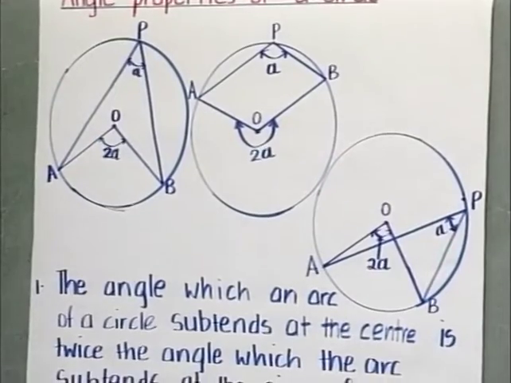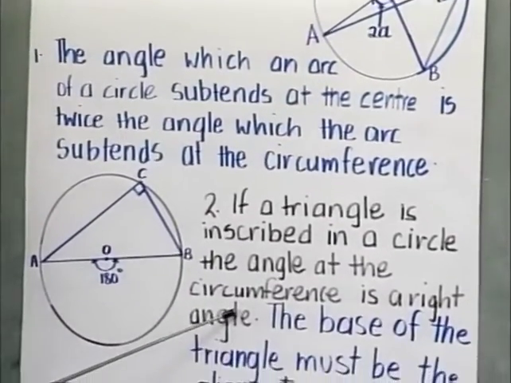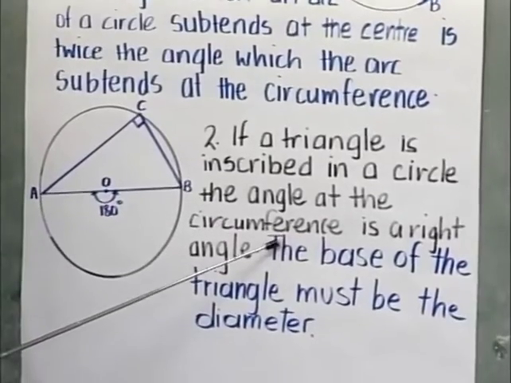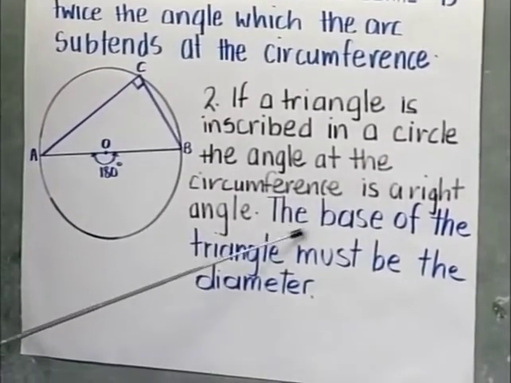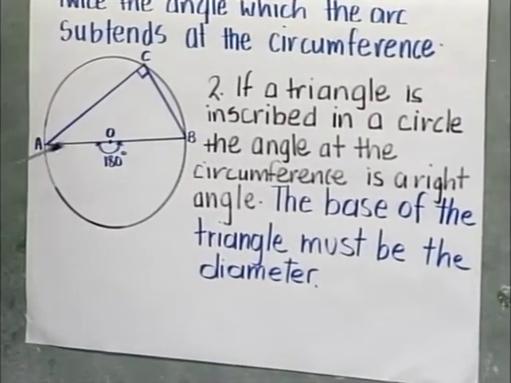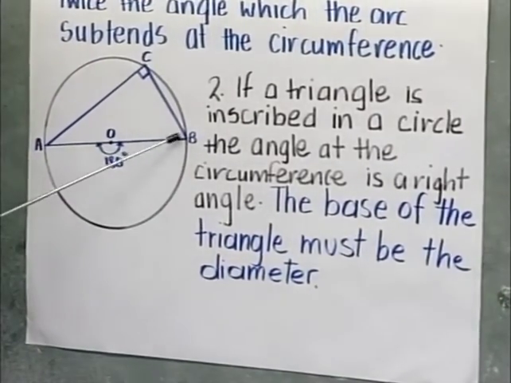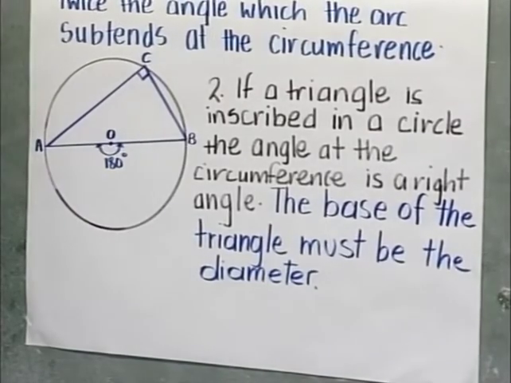The second one, if a triangle is inscribed in a circle, the angle at the circumference is a right angle. Now, that means the base of the triangle must be the diameter. Only if the base is the diameter, then this angle at the circumference will be a right angle.